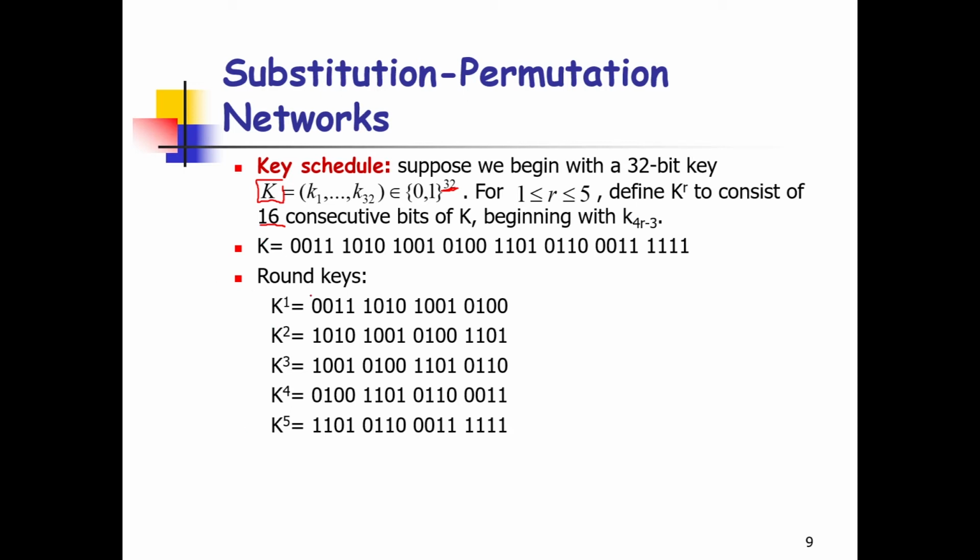We can use the first 16 bits for the first key, from this to this for our second key, and this for our third key, this to this for our fourth key, and the last 16 bits are our fifth key. Now we will see how it is happening.